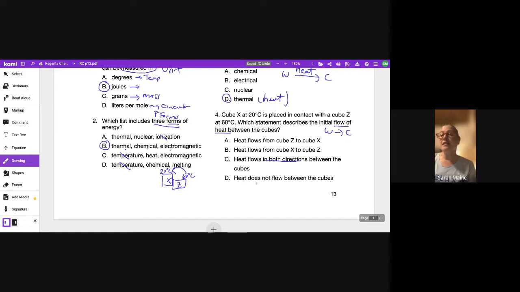And then it says heat does not flow between these cubes. Well, we know that statement's not true because, number one, they are at 2 different temperatures and they're placed in contact. So there definitely is a heat flow. So the heat flows from the warmer to the cooler. And in this case, Z, which is at 60 degrees, will transfer heat to X at 20 degrees. So A is the best response.